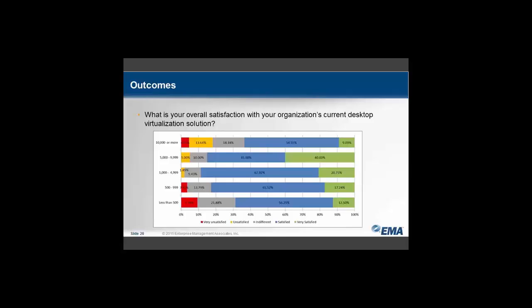This chart segments those aggregated responses by organization size, which again is determined by the number of employees. In general, mid-sized organizations with between 500 and 10,000 employees reported the highest levels of satisfaction. But even in very small and very large organizations, overall satisfaction was indicated in the majority of cases.